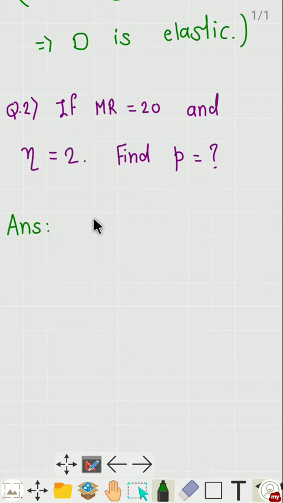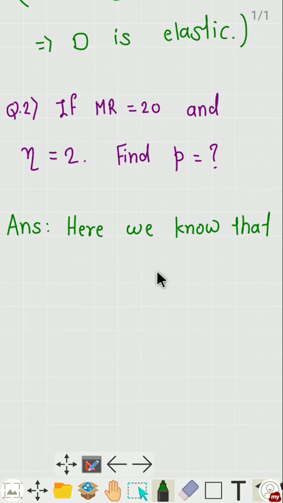We use the relation between marginal revenue and price elasticity of demand.